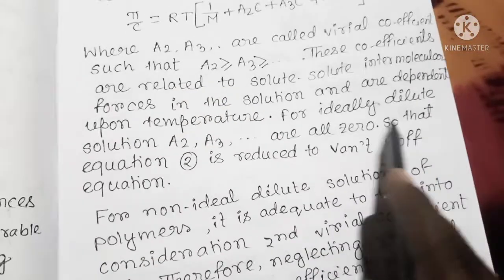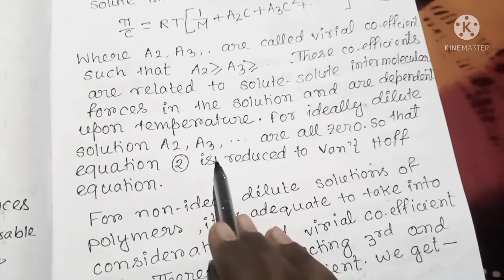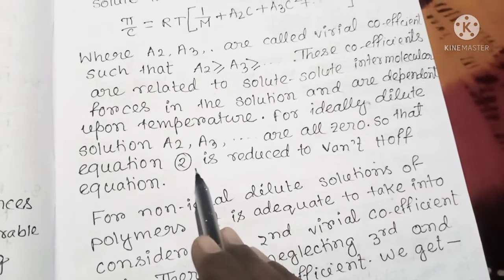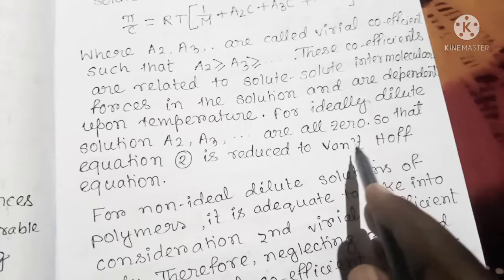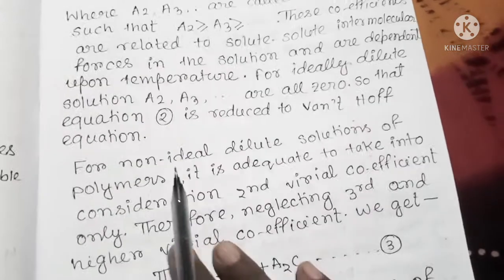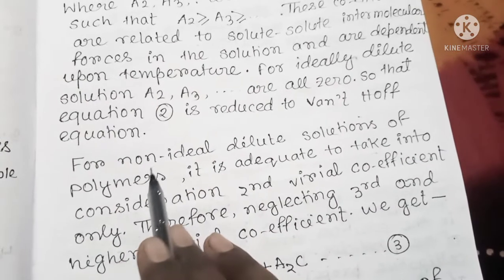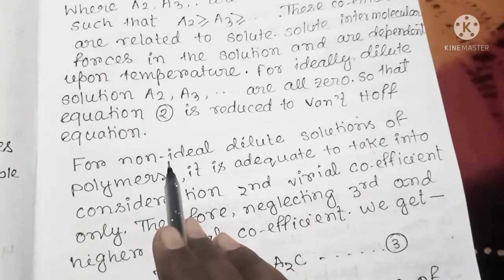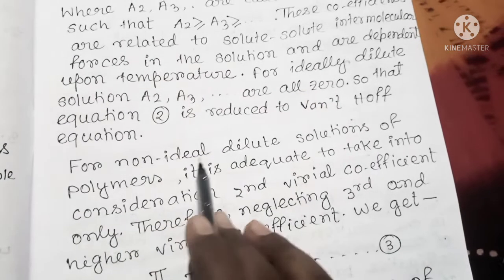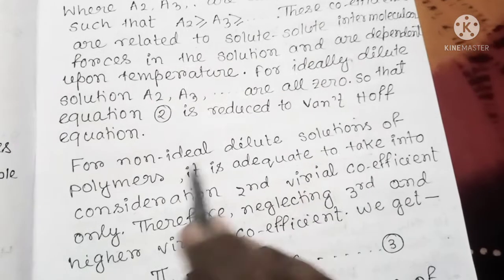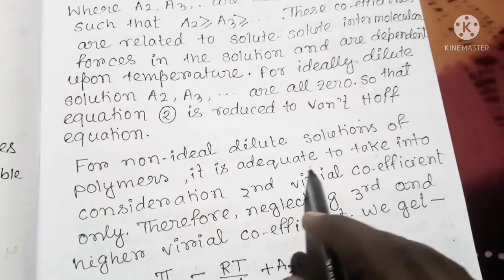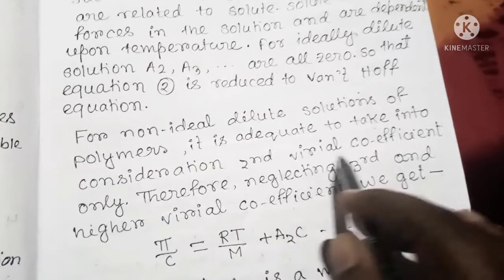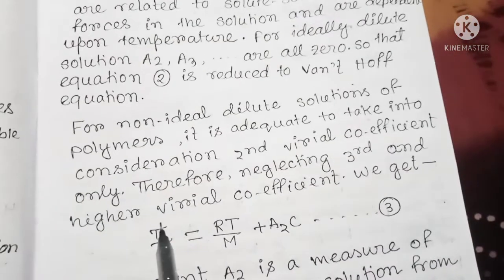For ideally dilute solution, A2, A3 and so on are all 0, so that equation 2 is reduced to the Van 't Hoff equation. Now we see what happens for non-ideal dilute solution. For non-ideal dilute solutions of polymer, it is adequate to take into consideration the second virial coefficient only.